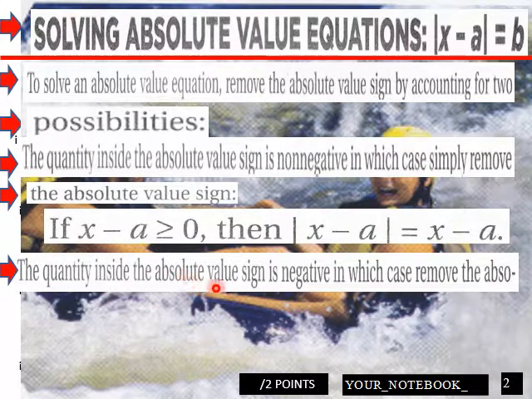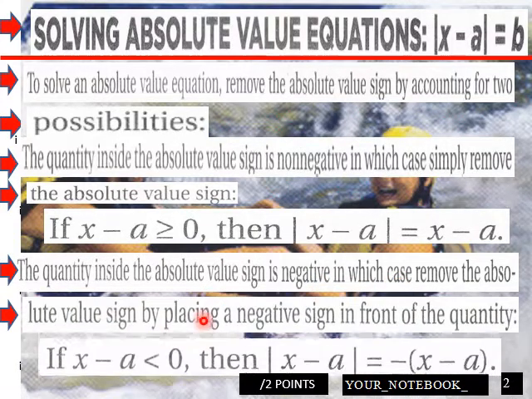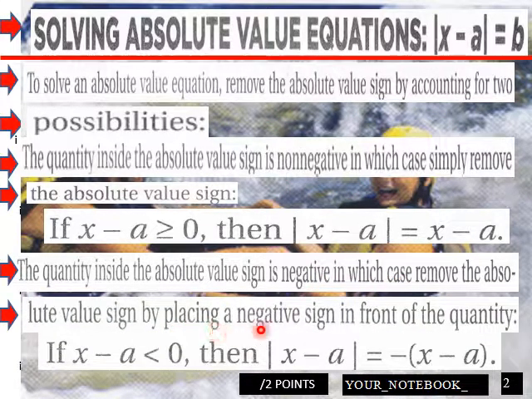The quantity inside the absolute value sign is negative, in which case remove the absolute value sign by placing a negative sign in front of the quantity. So if x minus a is less than 0, then |x minus a| equals the negative of x minus a.